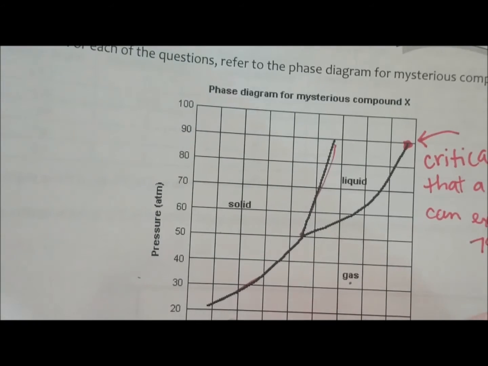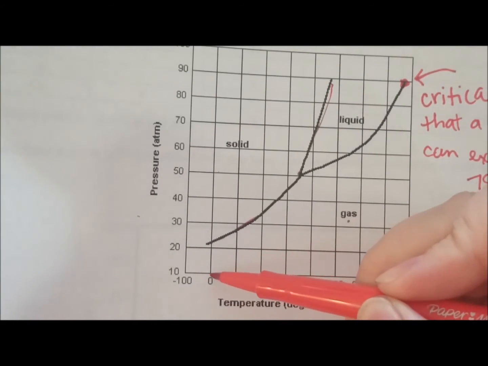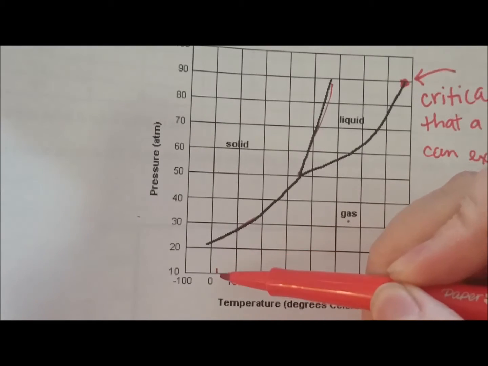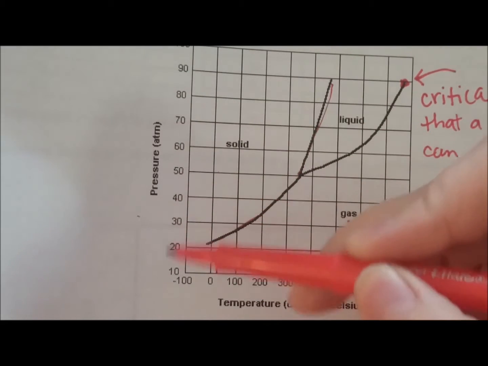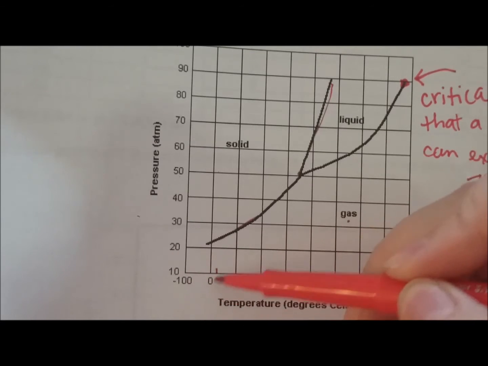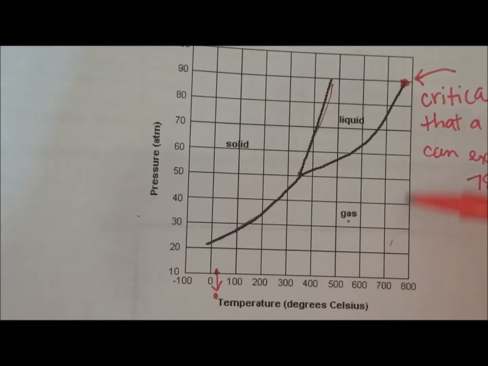And so I'm going to go at 23 degrees Celsius, so about a quarter of the way between 0 and 100, so about right here. And we're going to go at 1 atm. They don't show 1 atm on this graph, but I know it's going to be below this, right? So it's going to be down here. So this whole area here is a gas. So at standard temperature and pressure, a bottle sitting in my closet is going to be a gas.